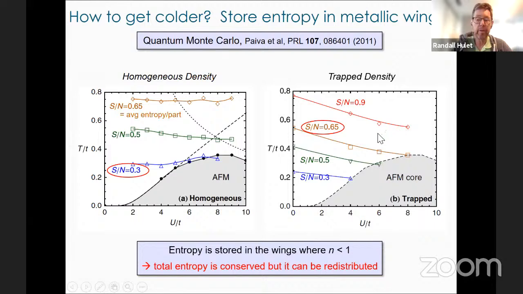So this is interesting. You can't necessarily change the average entropy per particle, but you can redistribute it in such a way that the center part of the distribution can be very low entropy, whereas the edges can be relatively higher entropy.